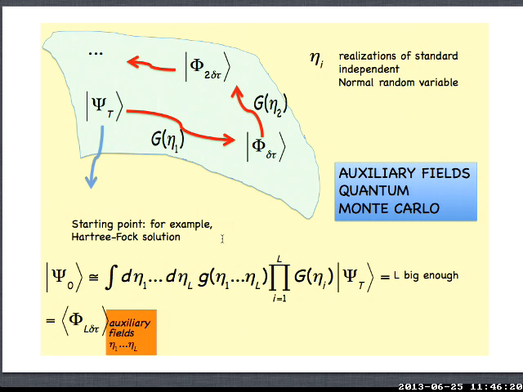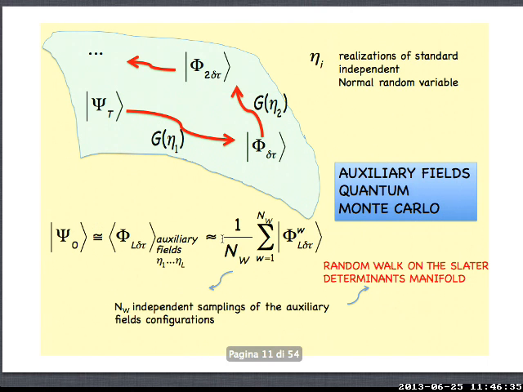Namely, the average of Slater determinants is not necessarily a Slater determinant, and in general it is not. But the single realizations of the random variable are themselves Slater determinants. From this expression of the ground state as an average, one can use the law of large numbers to estimate the ground state as an average over Slater determinants.